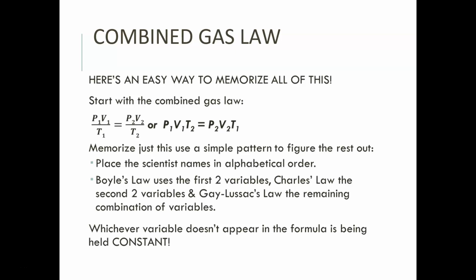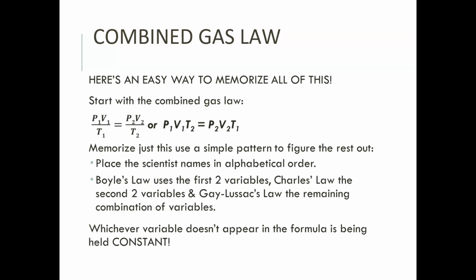And this actually helps me remember the other ones too, to be honest with you. If I keep pressure constant, then I've got V1 over T1. If I keep volume constant, then I've got P1 over T1. If I keep temperature constant, then I've got P1V1. So I find that memorizing this law helps me remember all of the laws. Just make sure you've got this idea that we can use all of it together.